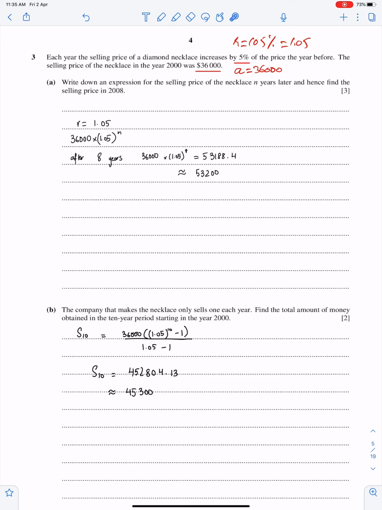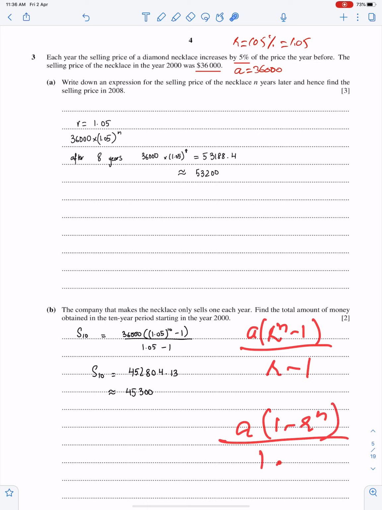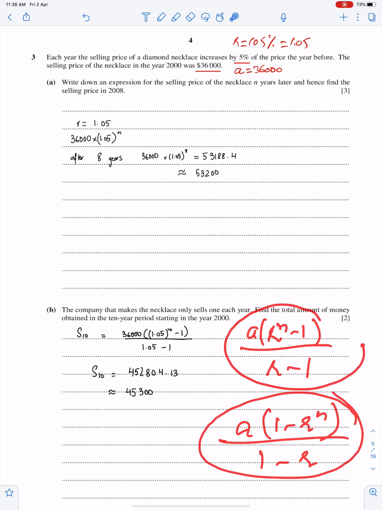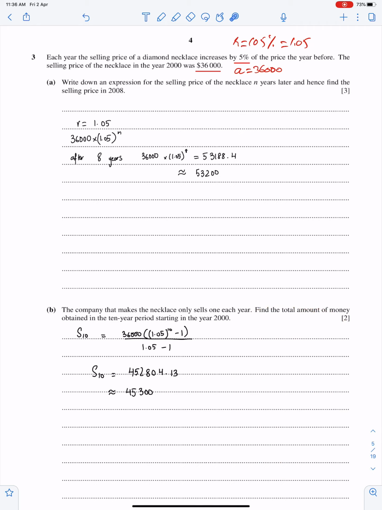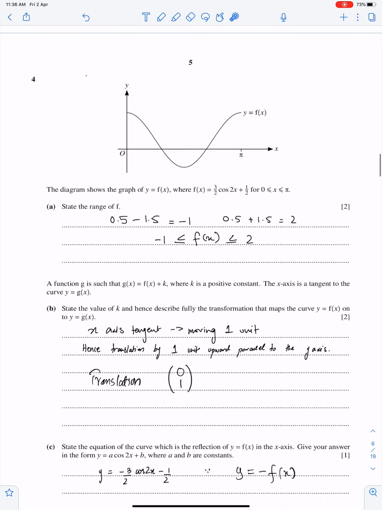So you just need to work for S10, and the formula is a(r^n minus 1) over (r minus 1). You can even use this formula, a(1 minus r^n) over (1 minus r). You can use any formula. Next question.